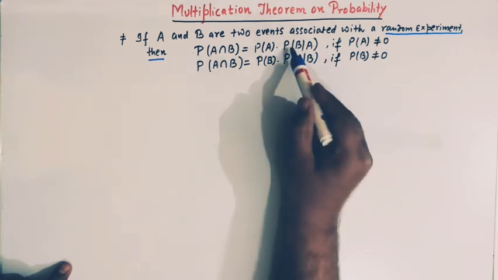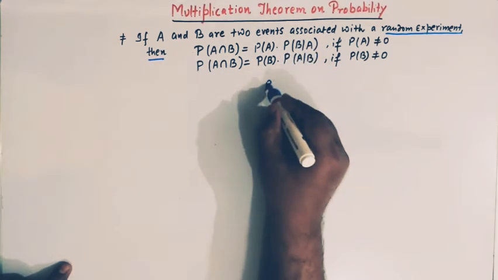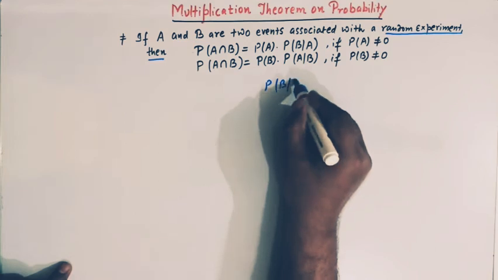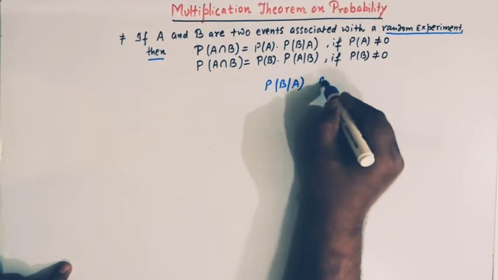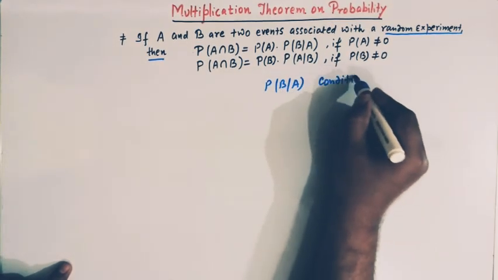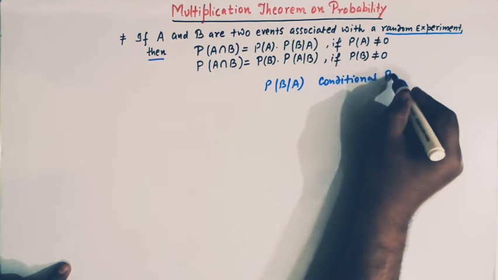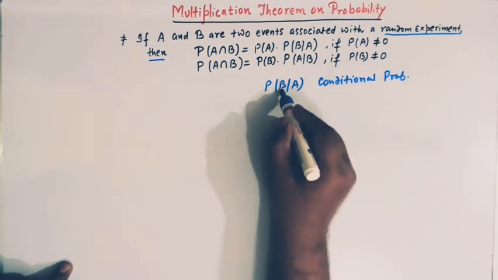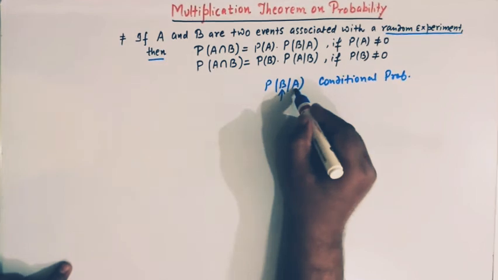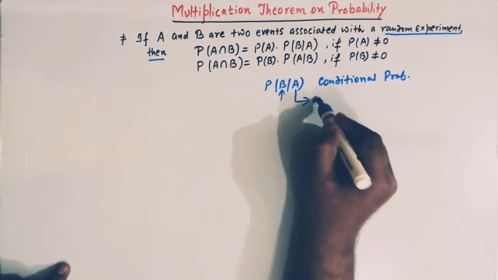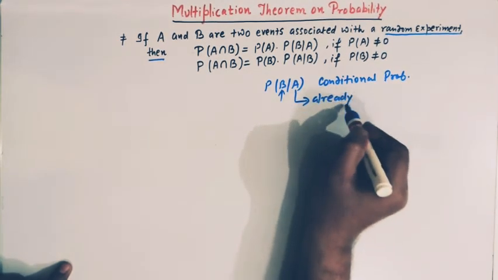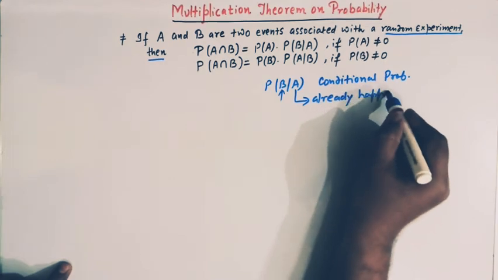So this term P B by A represents the conditional probability of the event B when A has already happened.